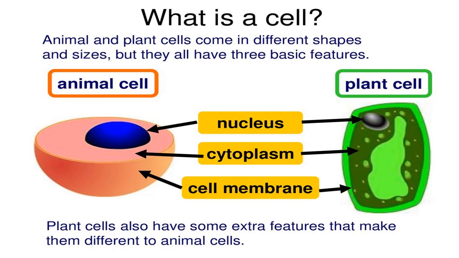What are they? Nucleus, cytoplasm and cell membrane. All these features are common for all cells. Plant cells also have some extra features that make them different from animal cells.